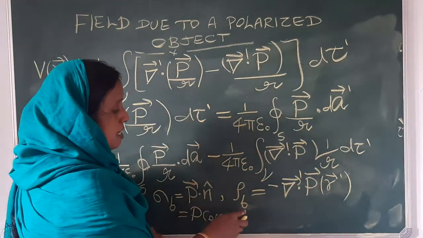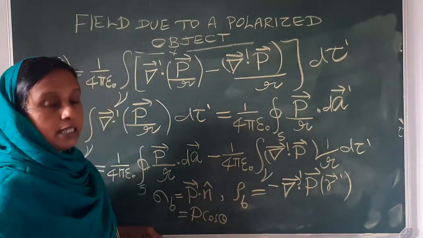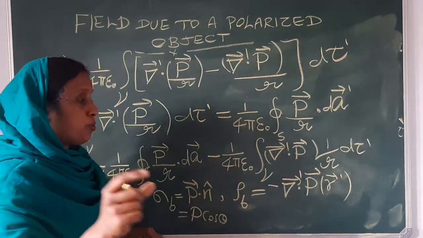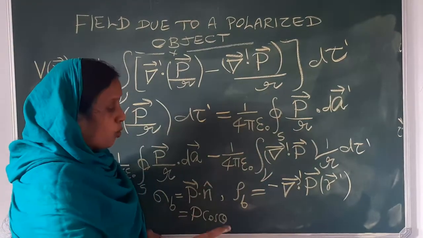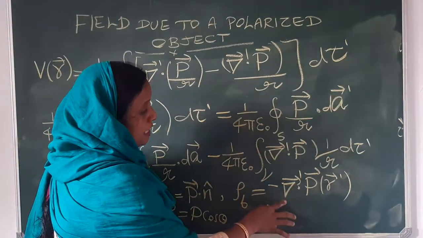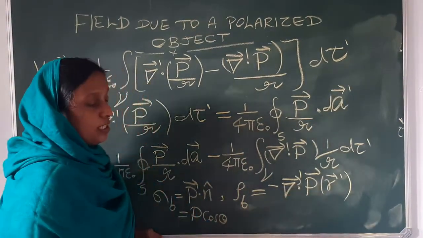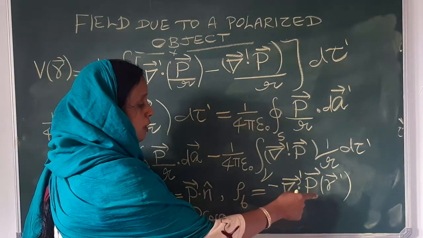Similarly, the second term is the electrostatic potential due to a volume charge density rho b, which is given by minus divergence of the polarization vector, minus del dot P.